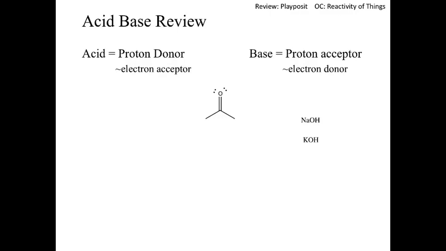Why? Because potassium is bigger, which means the overlap of orbitals between the potassium and the hydroxide is weaker, which means the hydroxide is now more available to react. Okay.